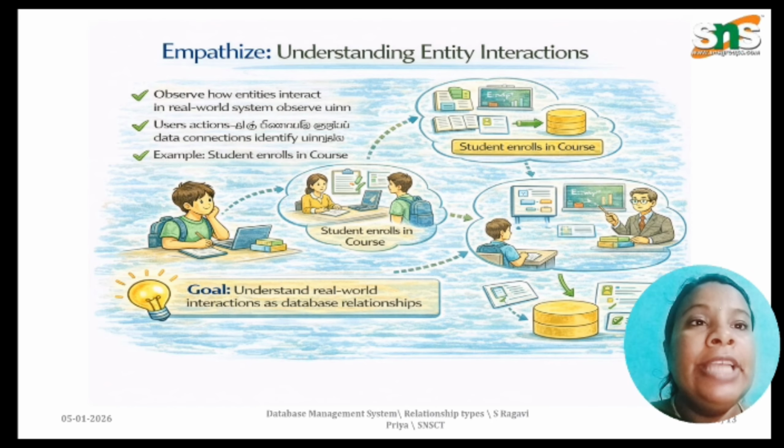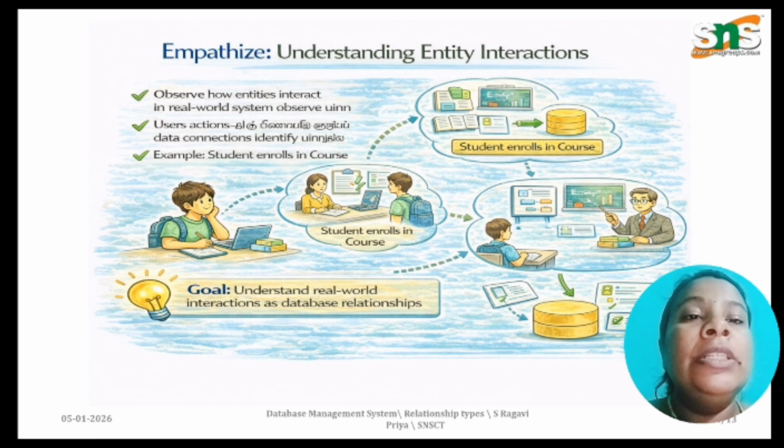So, understanding entity interaction: observe how entities interact in a real world system. Then user action, data connections identity. Then example, student enrolls in a course. So understand real world interaction as database relationships.